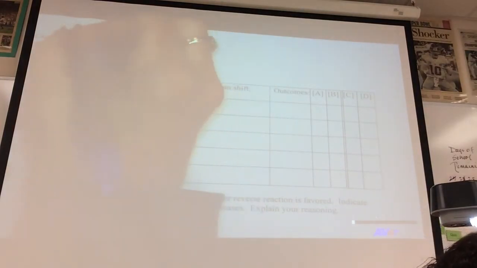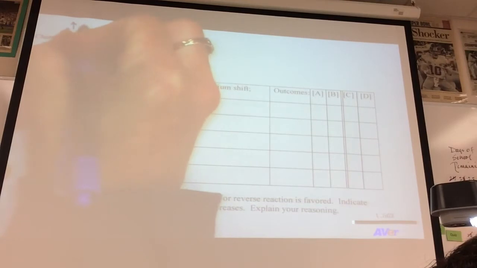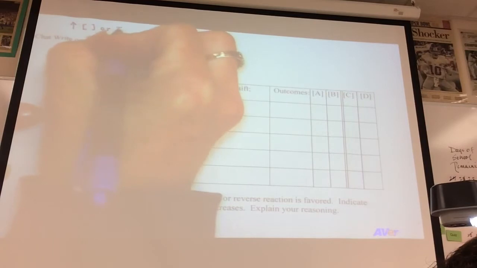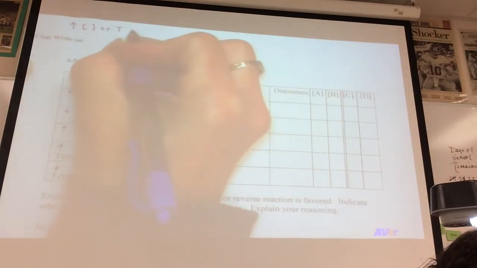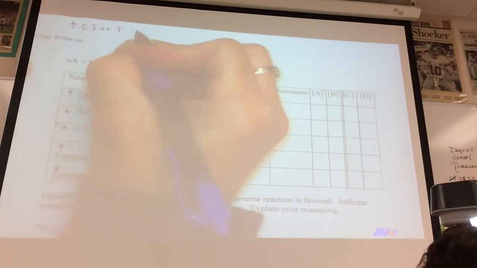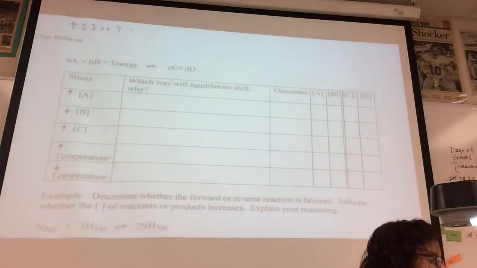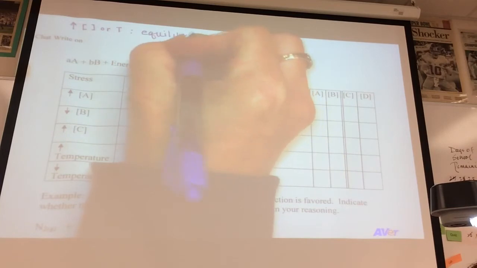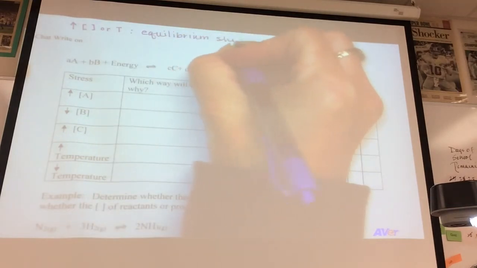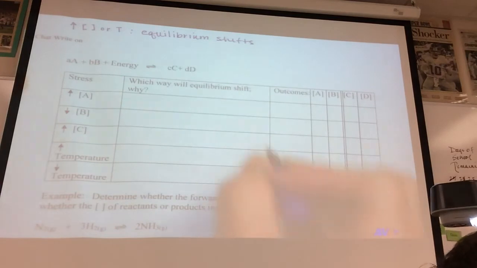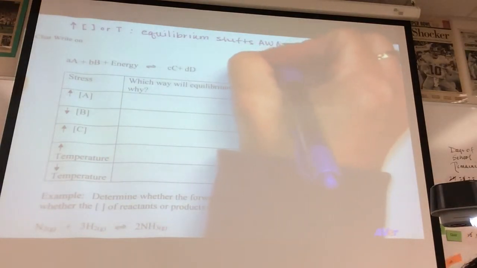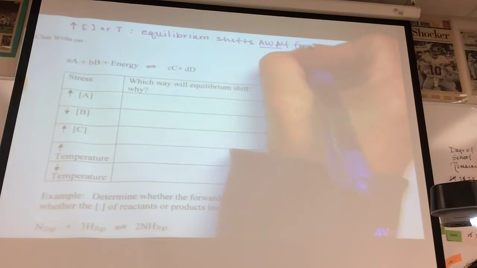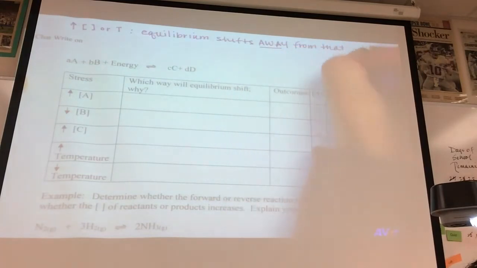When you increase concentration or temperature, what you're going to see is that equilibrium shifts away from that entity.